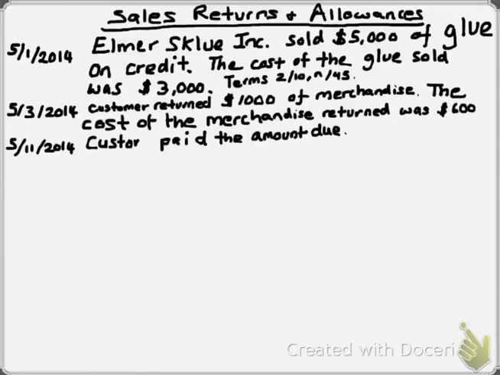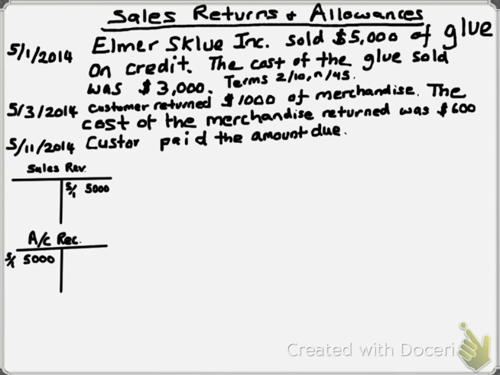First of all, let's take a look at the sales transaction. On May 1st, we know that when we sell on credit, we're going to debit accounts receivable and credit sales revenue for $5,000. Remember, that's the first transaction. Next, we also need to record the cost of goods sold, which is $3,000.